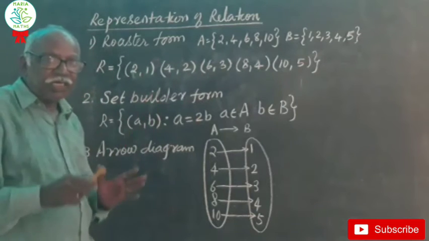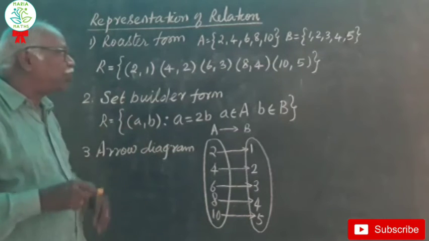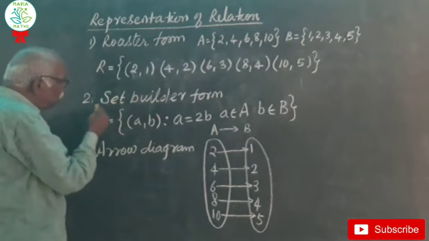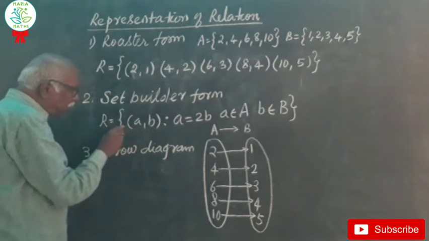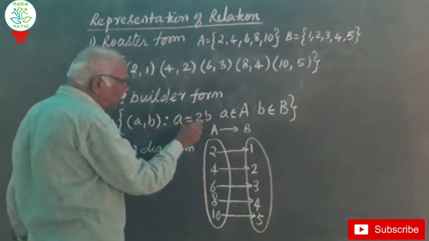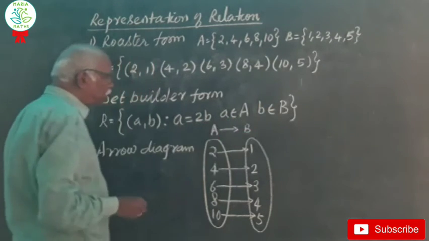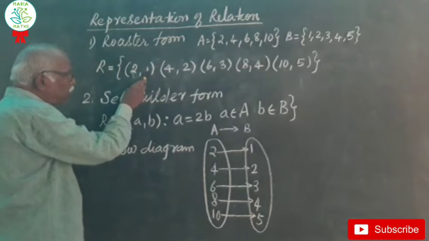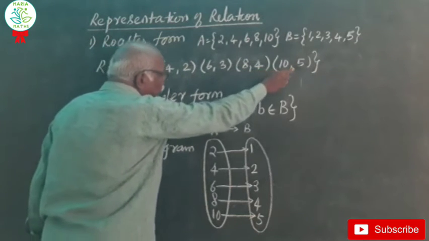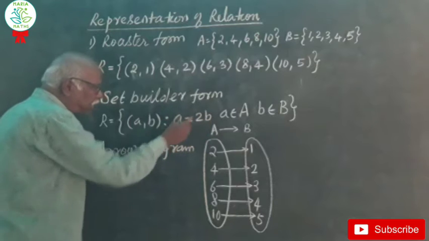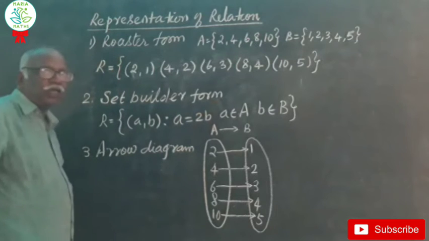If the set is represented as ordered pairs, that representation is called roster form. Second, the same set is represented in set builder form as the set of (a, b) such that a equals twice b, where a belongs to A and b belongs to B. Here 2 is twice 1, 4 is twice 2, 6 is twice 3, 8 is twice 4, and 10 is twice 5. Therefore the common property is that the first element is twice the second element. Then we can represent the relation in set builder form.